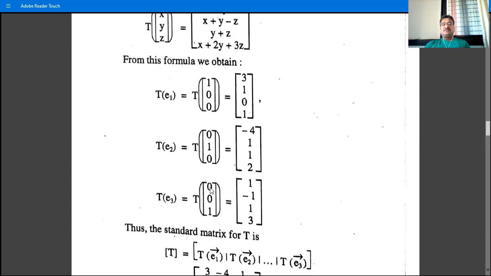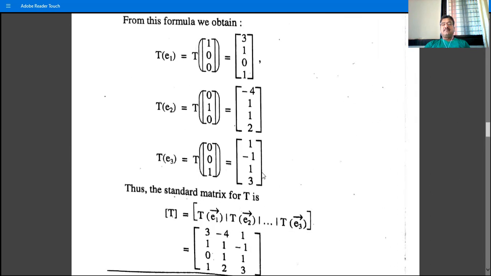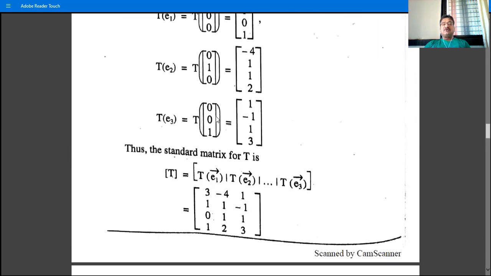Then T of e3 is T of (0,0,1), substituting x as 0, y as 0 and z as 1, so (1,-1,1,3) is the column matrix image of T of e3.